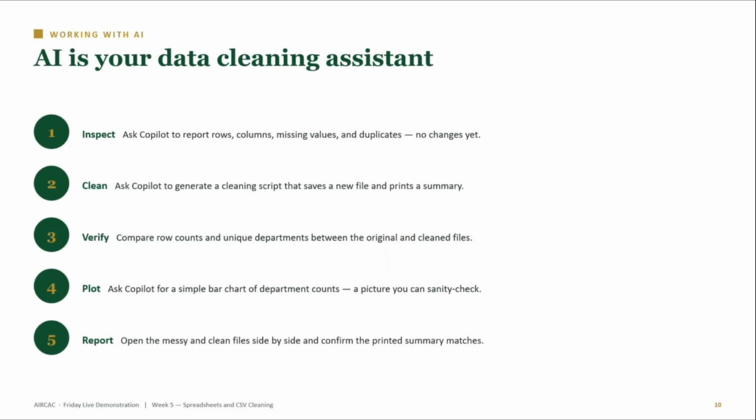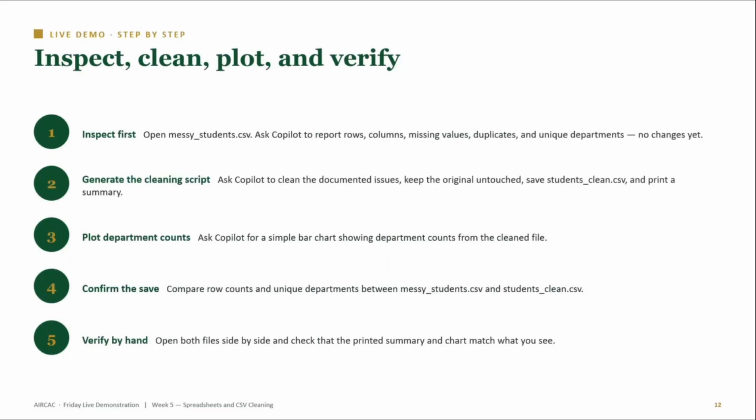Five, and also very important, is the report. We need to open the messy and clean files side by side and confirm the printed summary matches. I will provide one example in just a few minutes. The demo, step by step: we need to inspect, clean, plot, and verify.